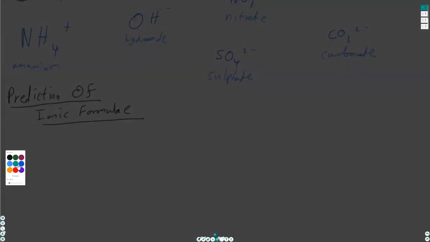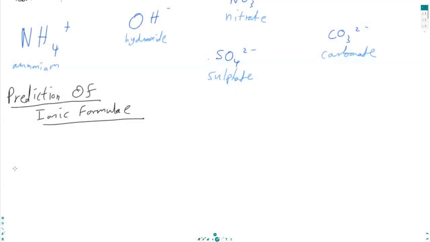You must remember that in an ionic compound, the overall charge must be zero. So although an ionic compound is made up of oppositely charged ions, its overall, its net charge must be zero.